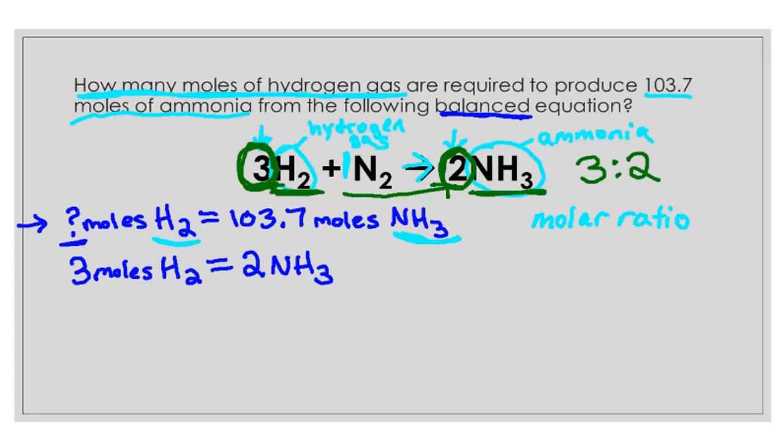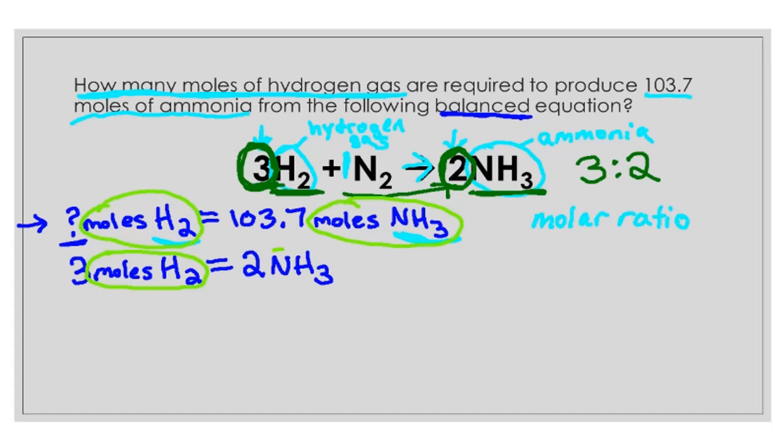So let's see if we need anything else in our data table. The question is, how many moles of hydrogen gas are produced by 103.7 moles of ammonia? So let's count and see if each of these is mentioned twice. We have moles of hydrogen gas mentioned once, moles of hydrogen gas mentioned twice, and then we have moles of ammonia mentioned once, and this is moles of ammonia.